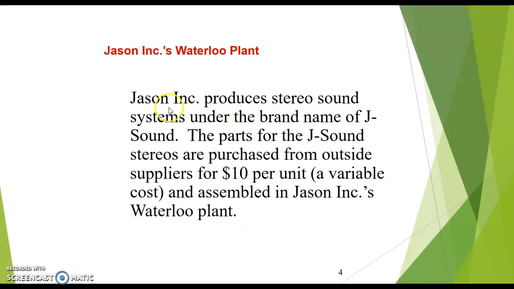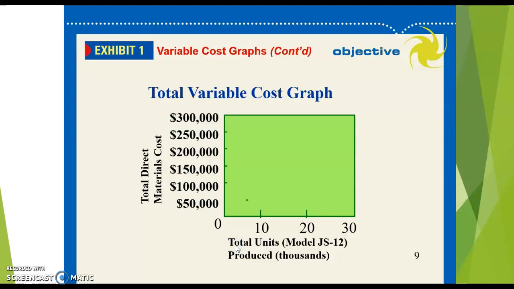Here's another example. Jason produces stereo sound systems. The parts are $10 per unit that they need to buy from some outside supplier to put into the stereo systems. Then Jason assembles the stereos in their Waterloo plant. Okay, so these parts that are $10 per unit are a variable cost, because here it shows us what if we build 0 stereos, then it will cost us 0 for those parts.